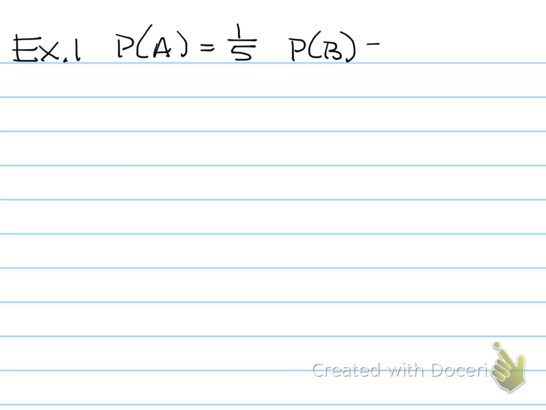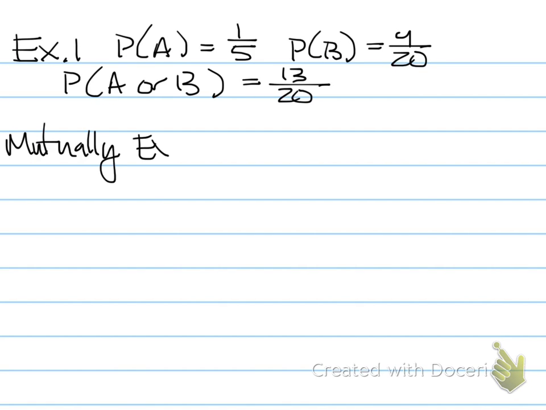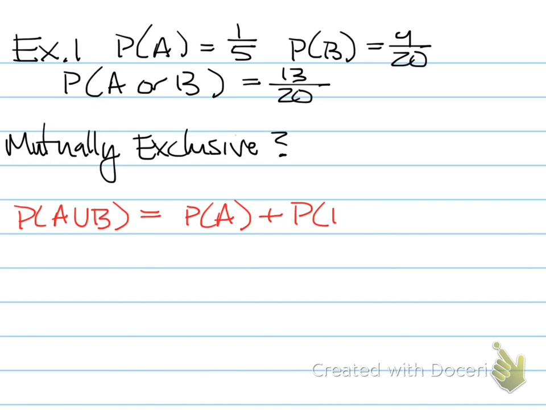All right, so example 1, we're trying to determine if these are mutually exclusive. If they are mutually exclusive, then the probability of A or B will be the probability of A plus the probability of B. So we'll plug in the values that are given.